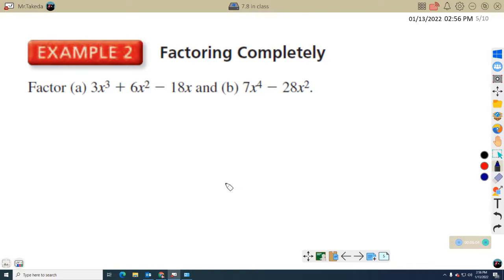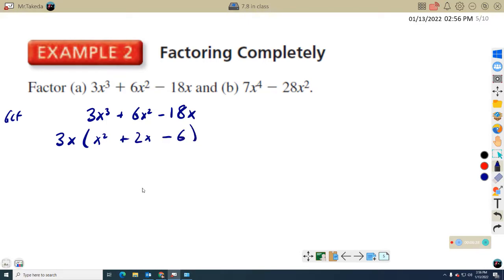Okay, let's take a look at these two. 3x cubed plus 6x squared minus 18x, my first example. GCF first, GCF. What do I have? 3x, right? That'll leave x squared plus 2x minus 6.